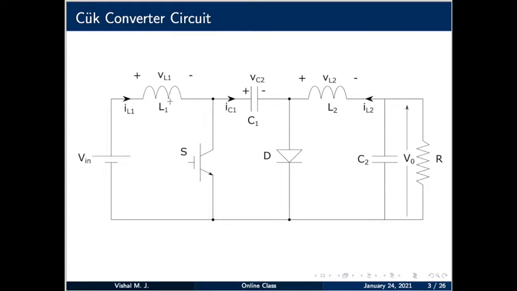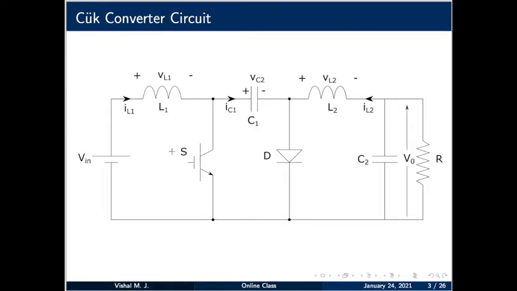The switch is connected between L1 and C1 and the diode is connected between L2 and C2. When the switch is closed, the diode will be open and vice versa. So, at a time either the switch or the diode will be open, both of them will never be open, and since we are doing the continuous conduction mode of analysis, both of them will never be closed as well. Okay.